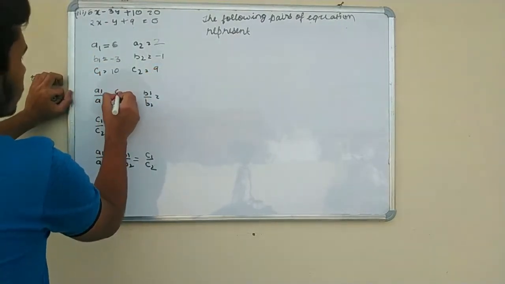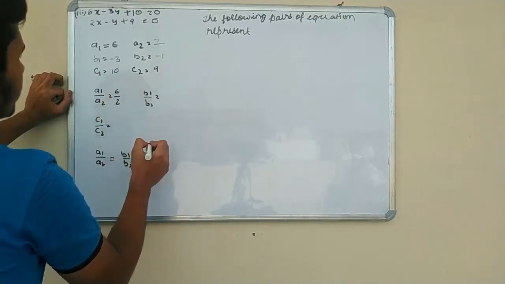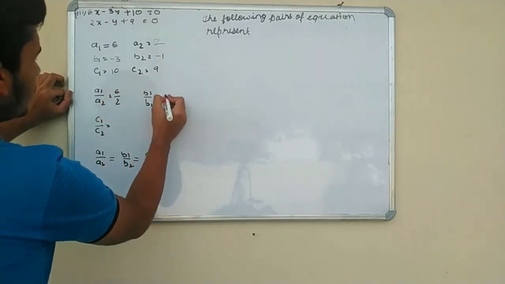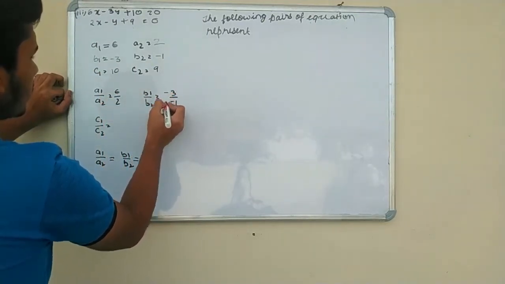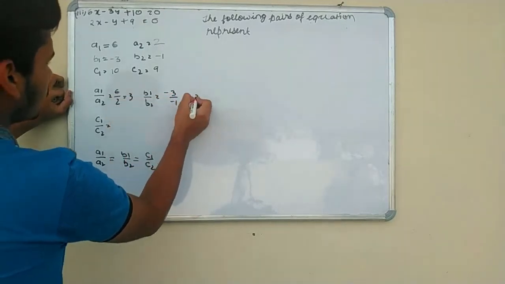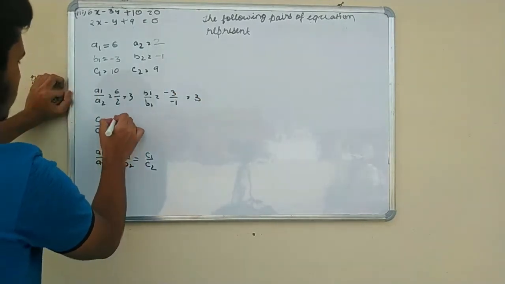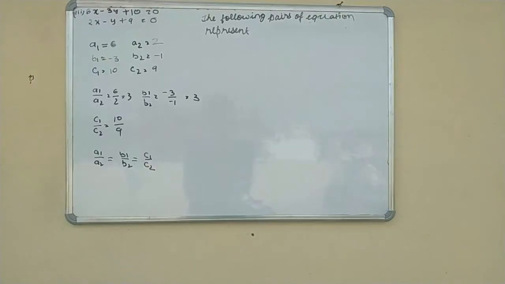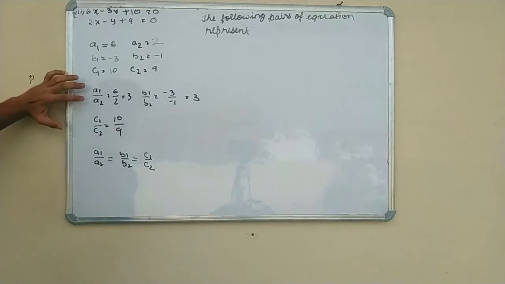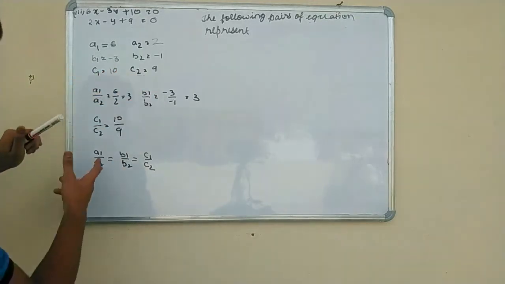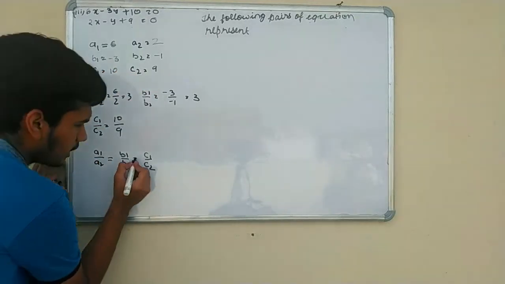So a1 upon a2 is 6 upon 2, which is equal to 3. b1 upon b2 is minus 3 upon minus 1, which is equal to 3. And c1 upon c2 is 10 upon 9. Okay, so as we can see, the ratio of a1 and a2 is equal to b1 and b2. So here it is equal and here it is not equal.